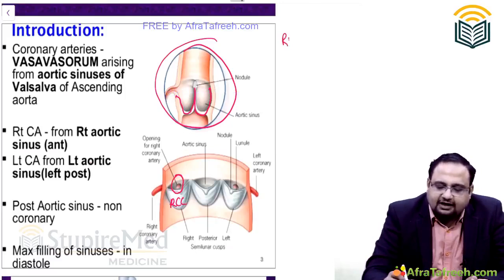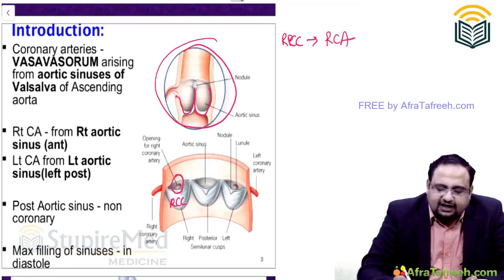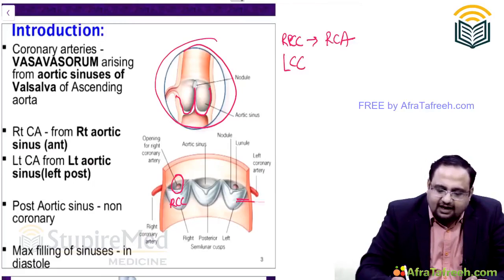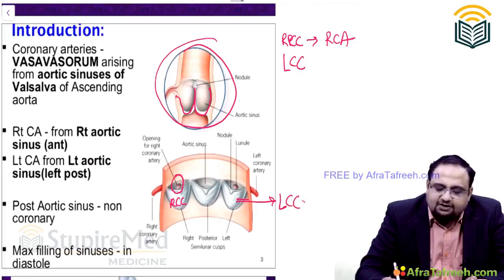Another towards the left side, a little posteriorly placed, is the left coronary cusp, and it gives rise to the origin of the left coronary artery.